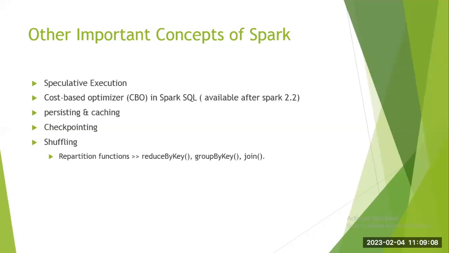Kamran is asking, which mode is used in production, Spark on Yarn or Spark on Mesos? Kamran, Spark on Yarn is used; Mesos is nowhere I have seen or heard. So mostly in the production environment Spark on Yarn is used, or Spark standalone. If you have a dedicated mechanism, you can use Spark standalone.